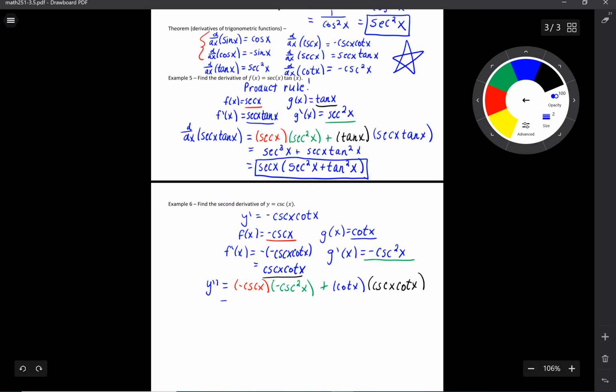We can simplify this a little bit. My negatives here cancel, and I'm left with cosecant cubed of x plus cotangent squared x times cosecant x.